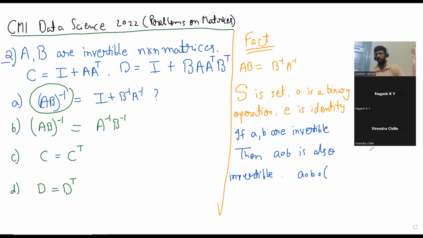Let us say that the inverse of A is equal to C. Usually we call it A inverse, but I'm just calling it C. And the inverse of B is equal to D. So I have this C and D, and they are our candidates. And how will I use them? I will use them like this.